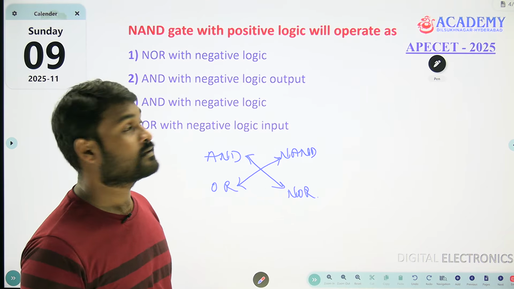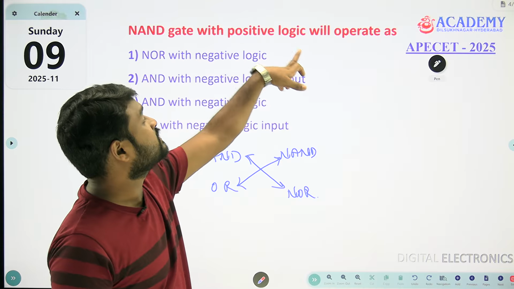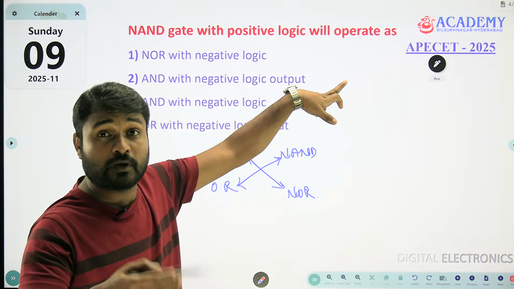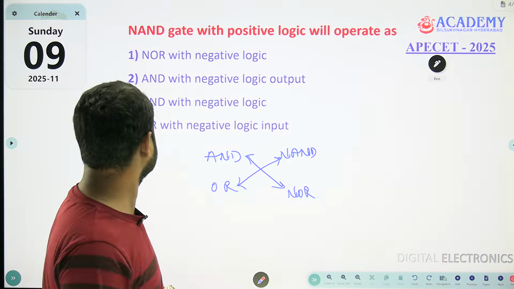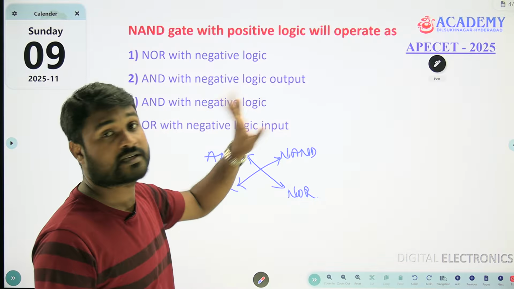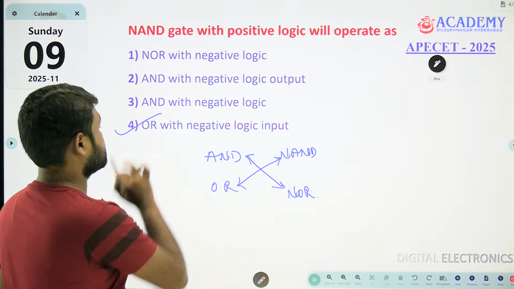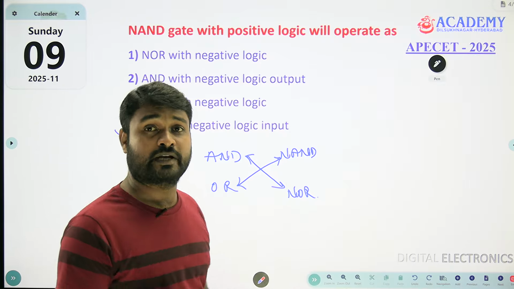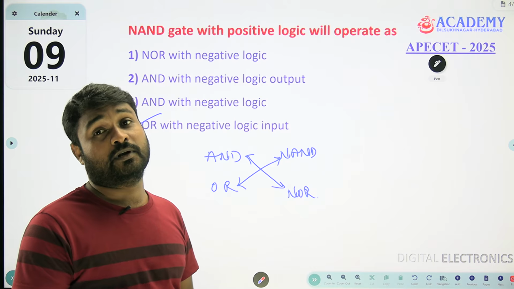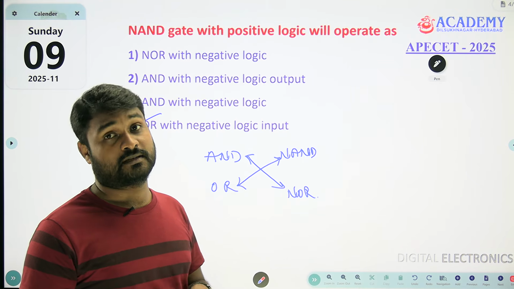Now what is he asking? A NAND gate with positive logic will operate as negative logic in what? Negative logic in OR. So it is an OR with negative logic. So this is your answer. If you remember this much, it is over. Then what is positive logic, and what is negative logic?